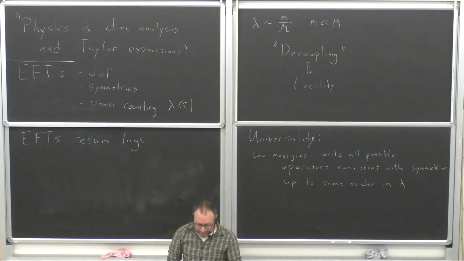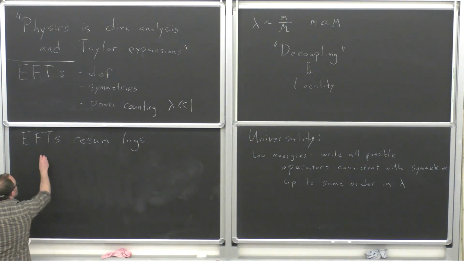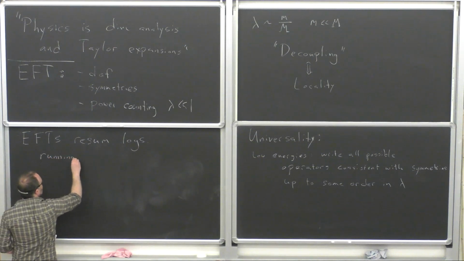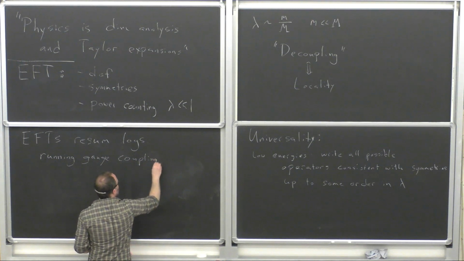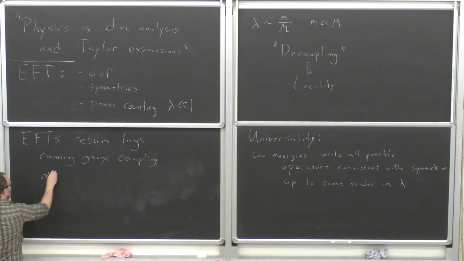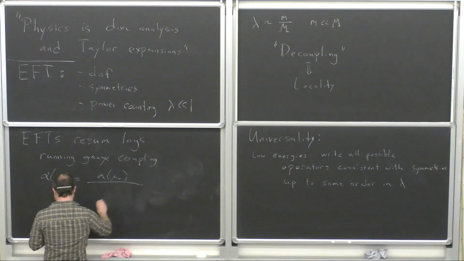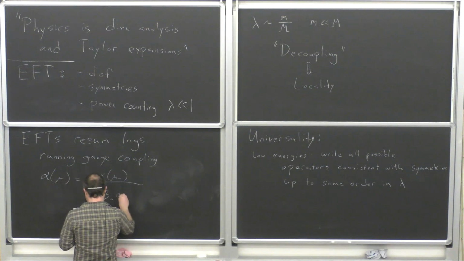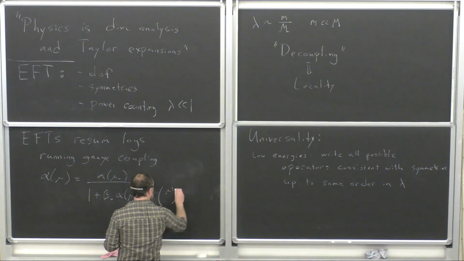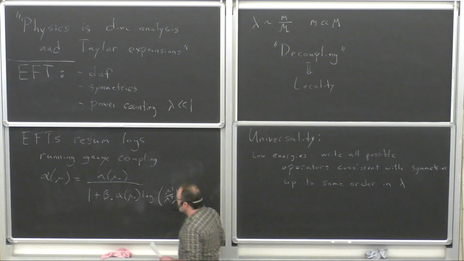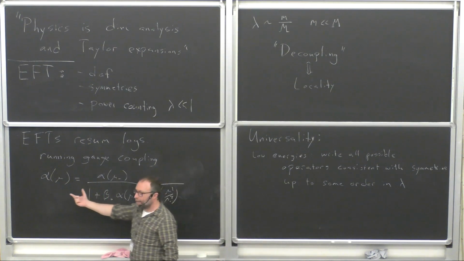Okay, so let me give you the example that I assume that you've seen, which is the running gauge coupling. In QED, you can calculate, well, this is even more general, but we can, at one loop, resum this series of logarithms into what we call a running coupling, right?